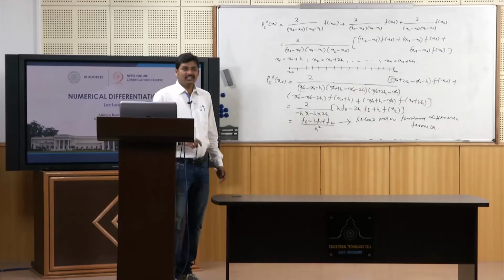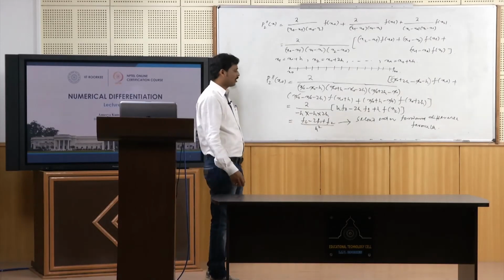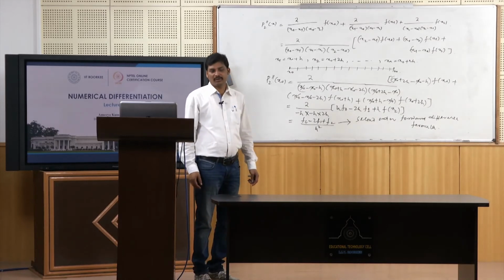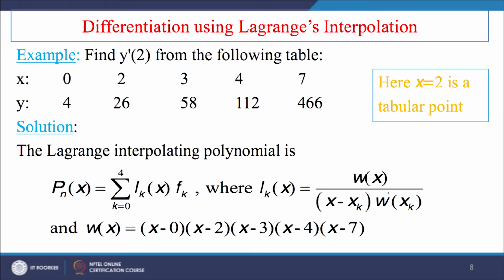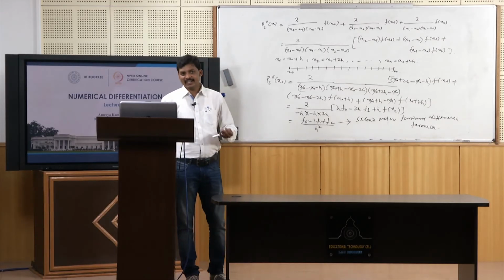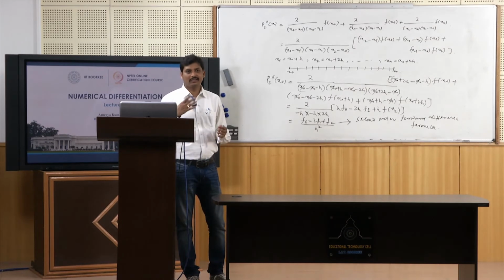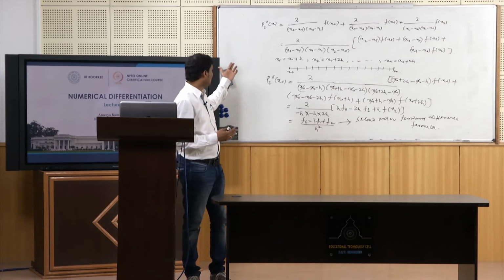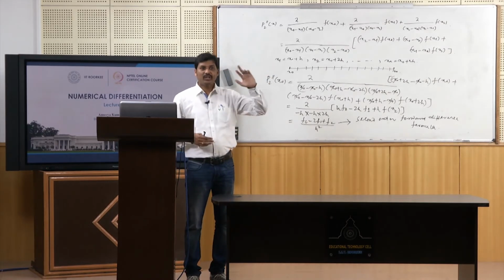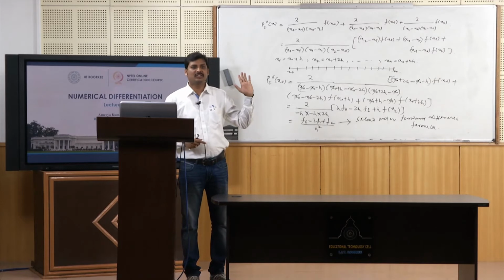Based on this differentiation, we can go for the solution of some problems. First, we will discuss problems based on Lagrange interpolation, where it can be exactly applied to the nodal points. This means that either at x0 or at x1, we put directly at that point and differentiate the same way we have just discussed, and obtain the solution.